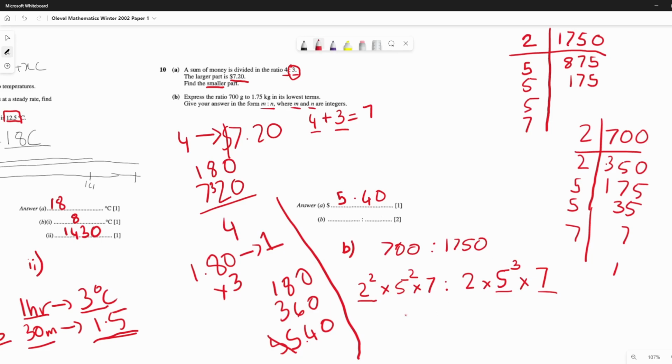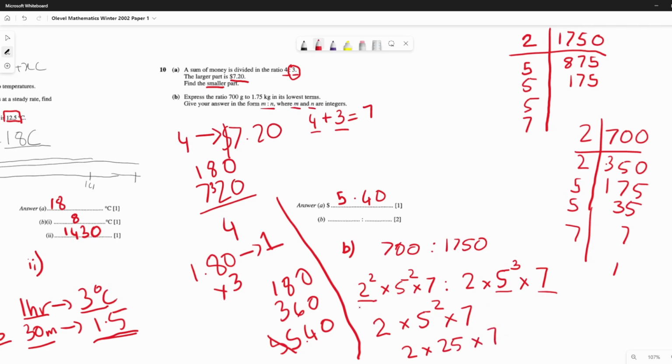So to get the highest common factor, we can actually simply take whatever is common from these, rather than whatever is the lowest from these, right? We just need whatever is common. So we do 2 into 25 into 7, right?